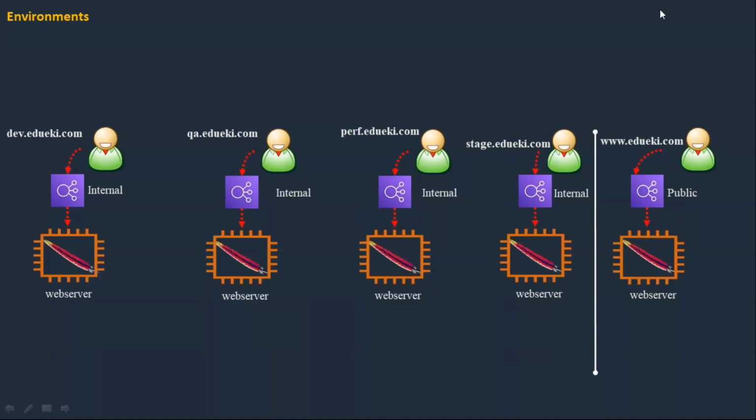In order to make all this happen, it's not like one guy is sitting and doing everything. We have a developer team, a quality team, a performance team, the team who will handle staging and production, and we have a DevOps engineer, and we will even have an SRE engineer as well.